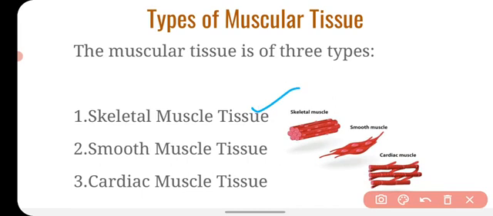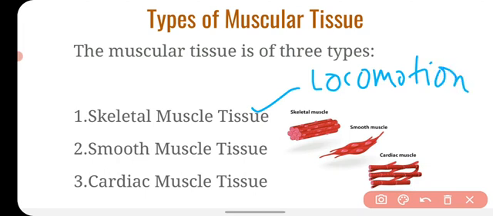Skeletal muscles are very important muscles in our body. They cause movement according to our will, and they also bring about locomotion. They are found in our hands, legs and neck, and because of their movement we can locomote, meaning we can move from one place to another.